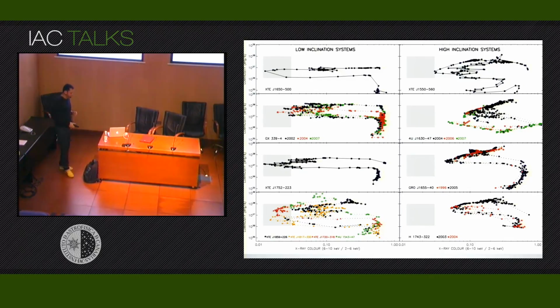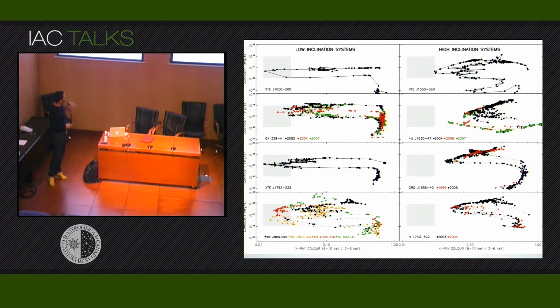At the beginning we also thought, which is connected with what Jorge said before, that it could be just that the absorption was different for both systems, because absorption can cause this. If the high inclination systems are more absorbed for any reason, intrinsic absorption, what we see is that the flux gets harder and the dark flux gets softer, gets fainter.